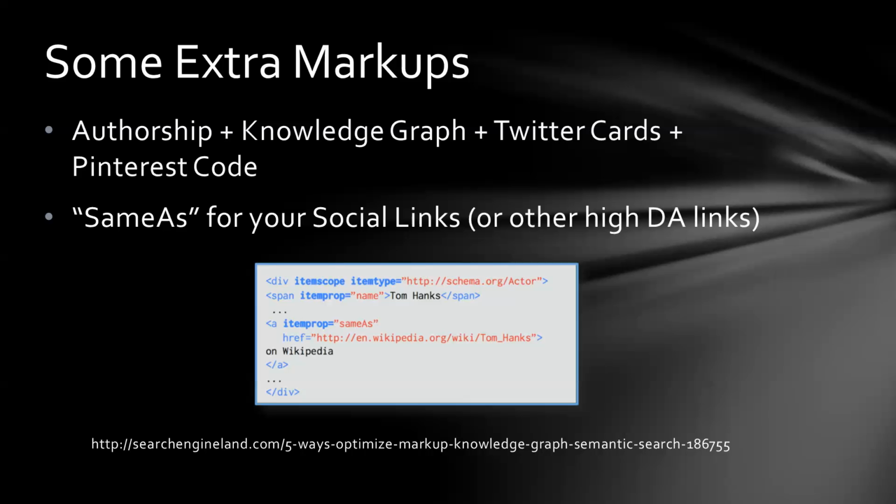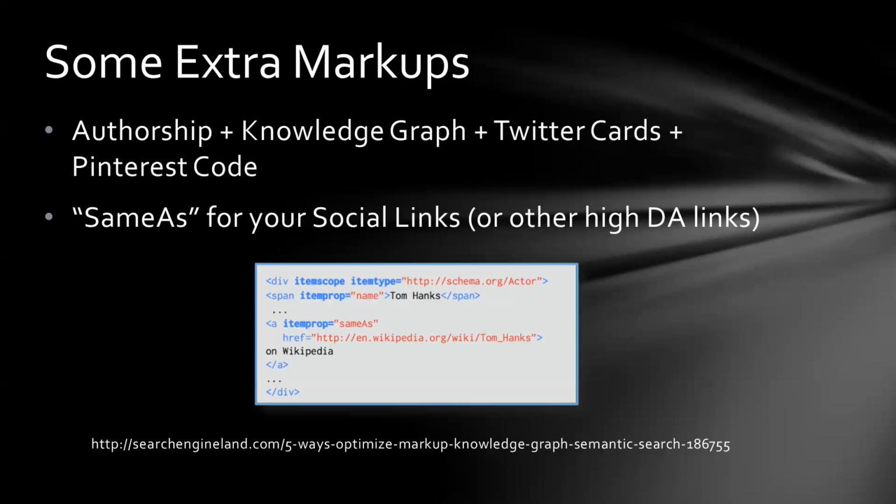This is really powerful, guys. Here is a print that I got from Search Engine Land. That's the URL in case you want to dive a bit further. Here you have a div with itemscope, which is schema, and you have the itemprop name, Tom Hanks, and the itemprop sameAs, which allows you to put a link to, in this case, Wikipedia, which makes a lot of sense to me, because Wikipedia is a high DA link.